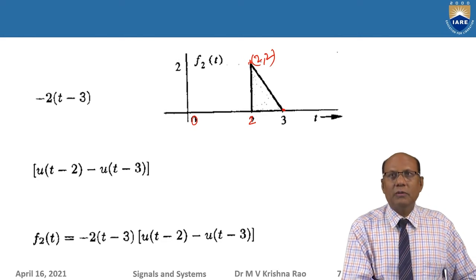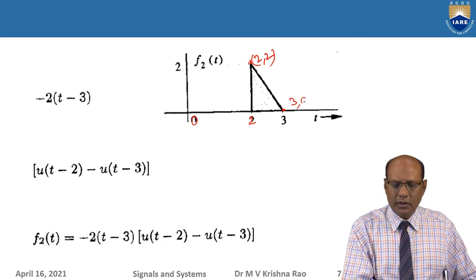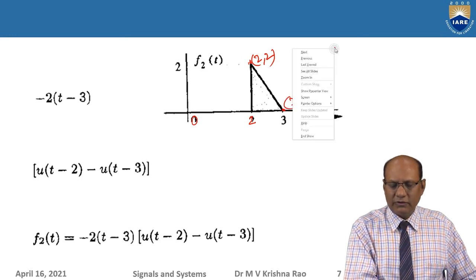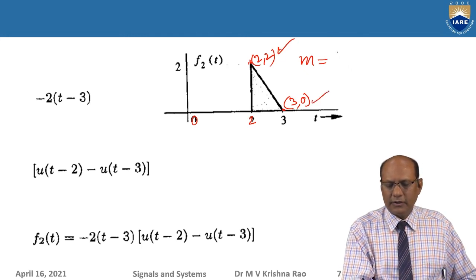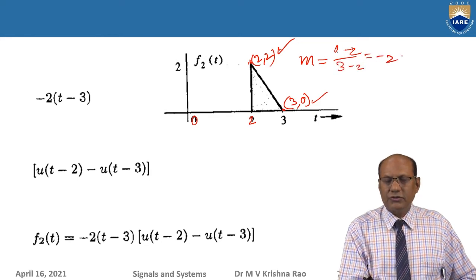This point is 2, 2, and this point is 3, 0. What is the slope of this one? y2 minus y1. This is the first point, this is the second point. 0 minus 2 divided by 3 minus 2. This is nothing but minus 2.